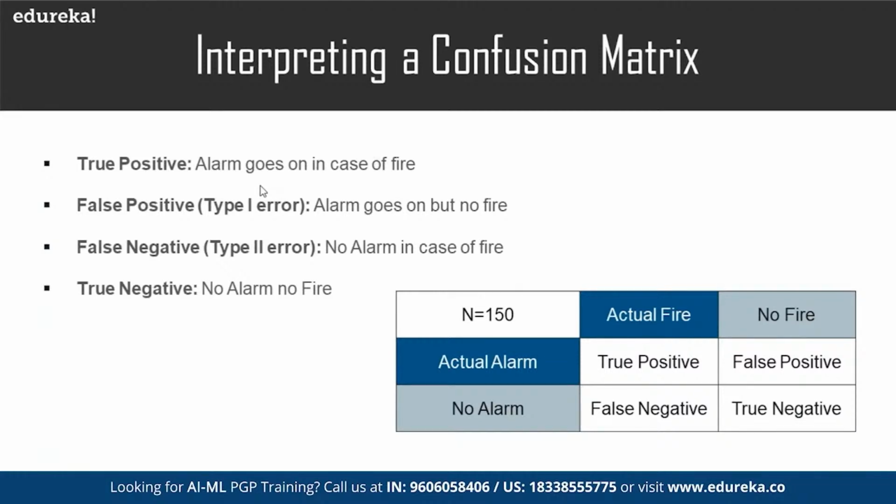For example, true positive, I was talking about it: the alarm goes on in case of fire. False positive, which we call a type 1 error: the alarm goes on but there is no fire. But false negative is very critical, a type 2 error: there is no alarm even though there is a fire. It's such a dangerous thing.